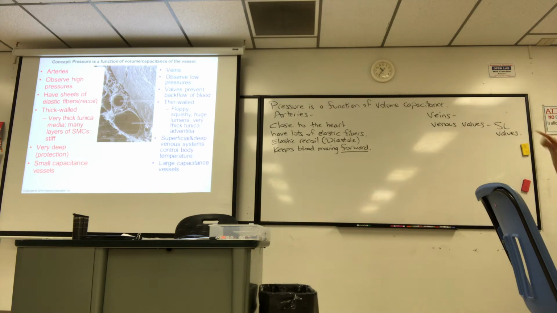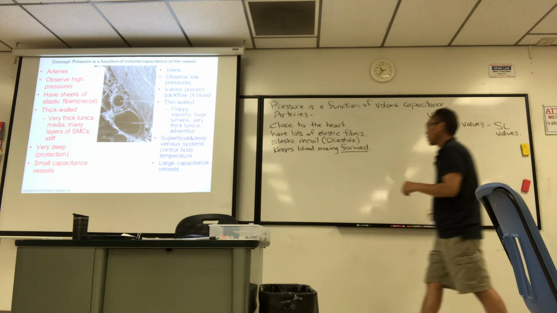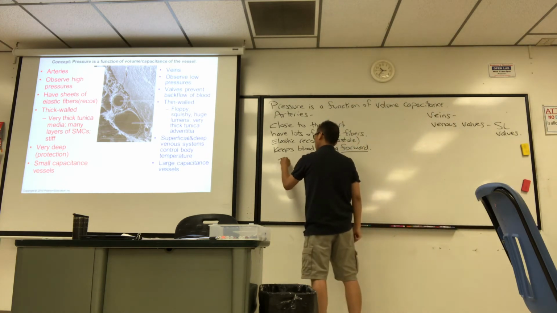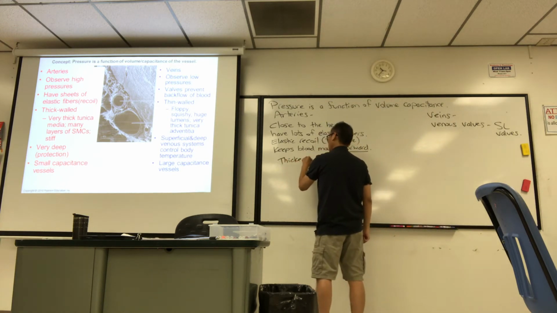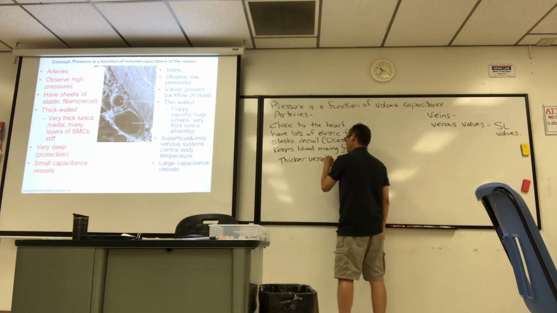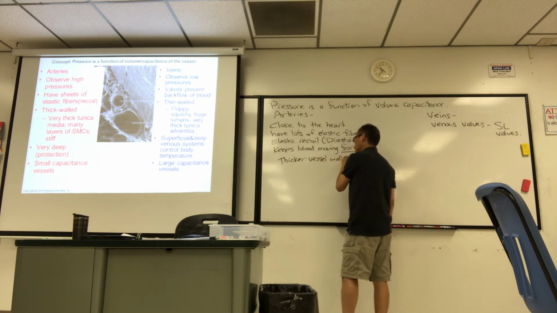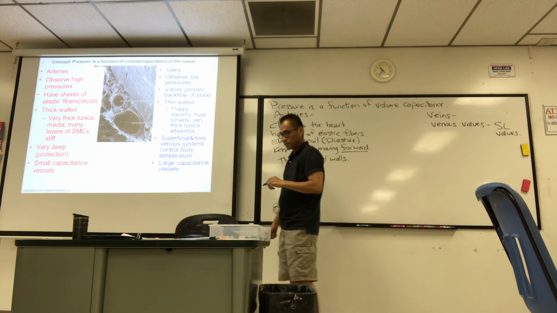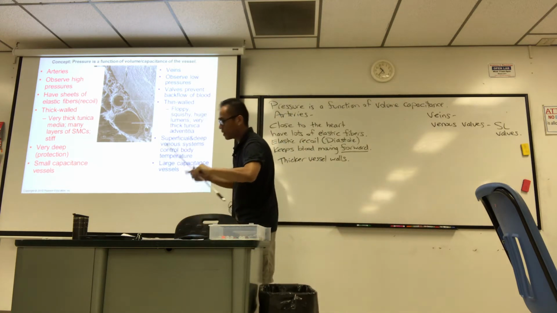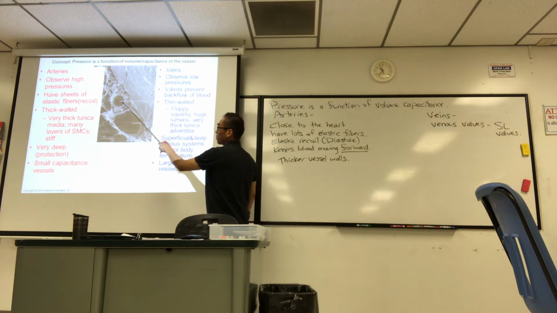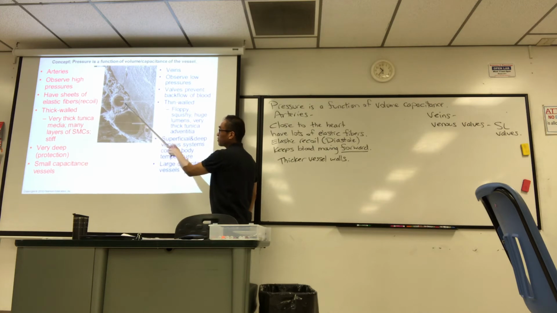All right, the next point, arteries have thicker walls usually. So I'm not talking about the diameter of the entire vessel, which includes the lumen. I'm talking about just the thickness of the wall itself.